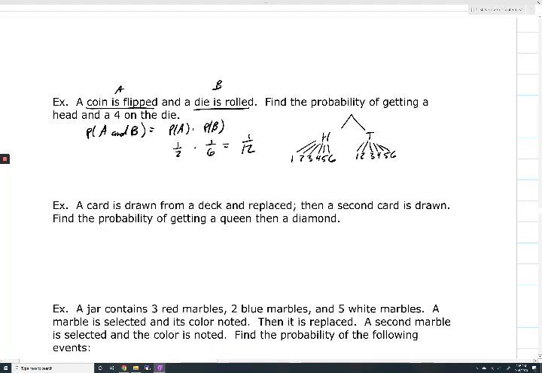So we have our tree diagram. Heads, tails, 1, 2, 3, 4, 5, 6, 1, 2, 3, 4, 5, 6. Now, how many of those events are both heads and a 4? Well, just one of them. It's this one, which is heads and 4. Well, how many total events are there? There's 12. And that's another way of getting to that 1/12 answer.